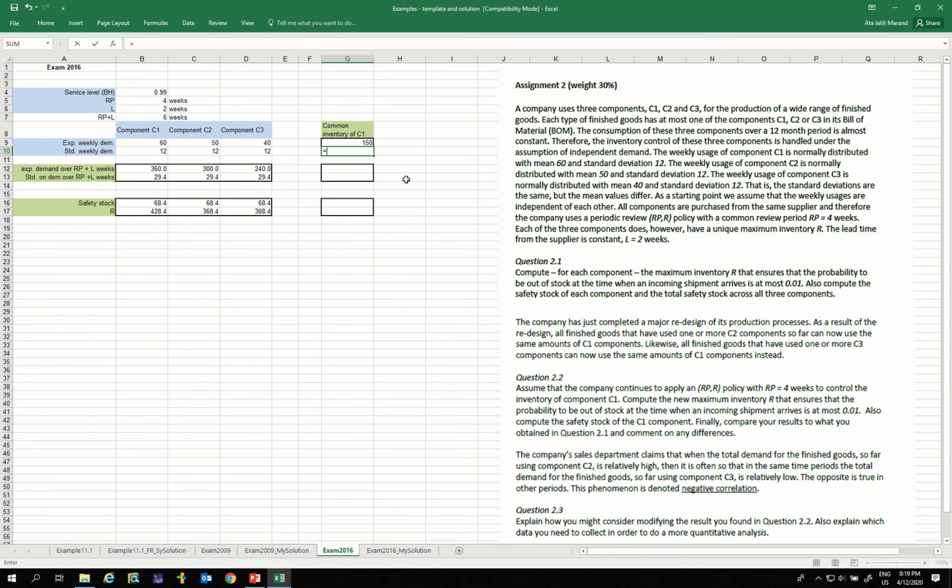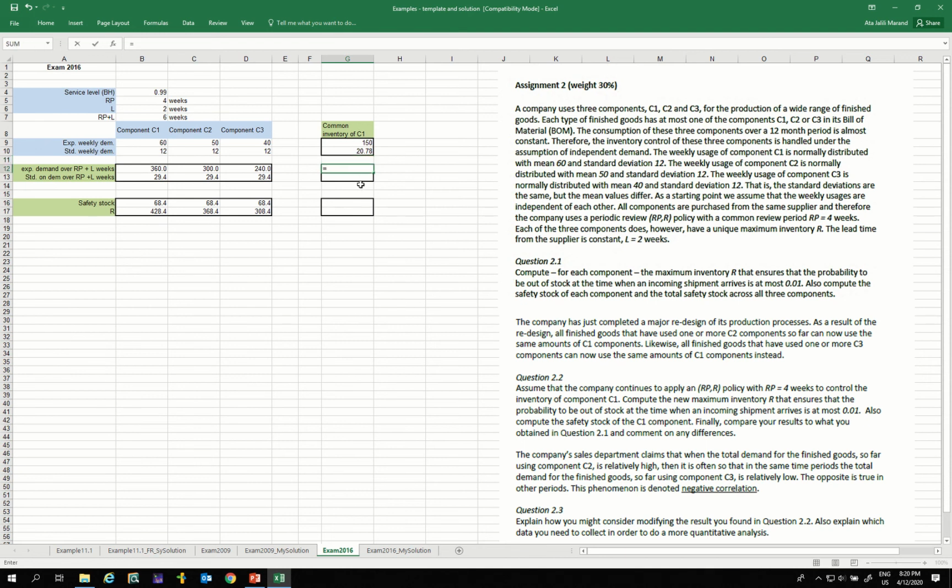Here the random variables for demands are independent, so we can use this formula. So it is the square root of the variance for the first component plus the variance of the second component plus the variance of the third component. This is the weekly standard deviation of the common component.